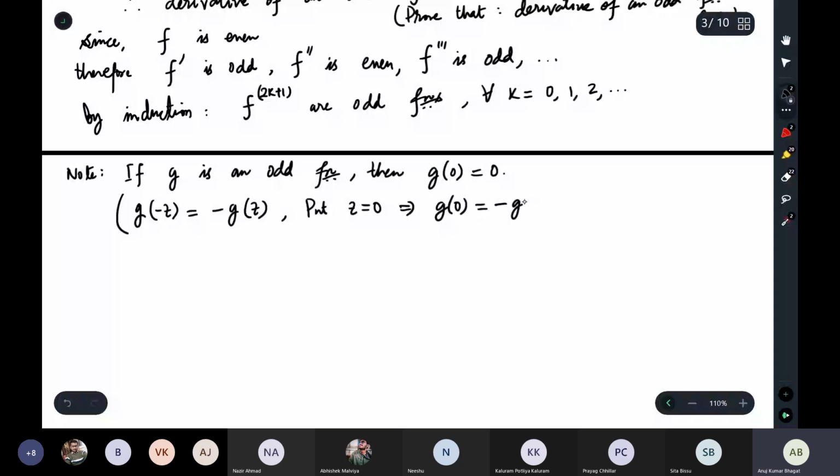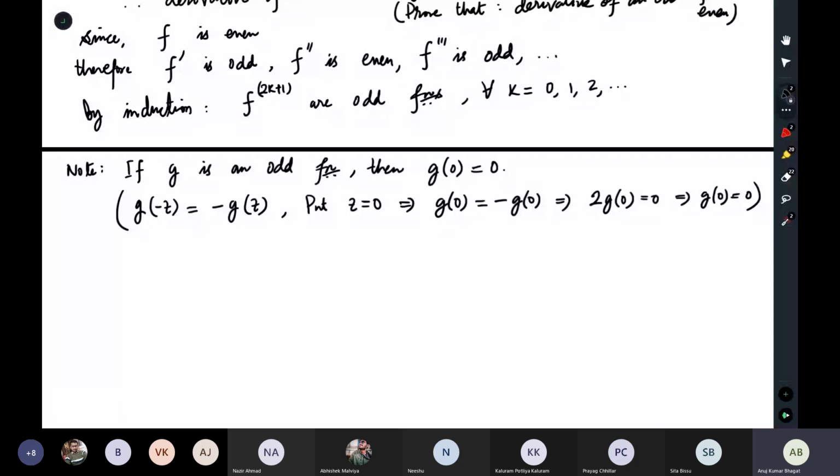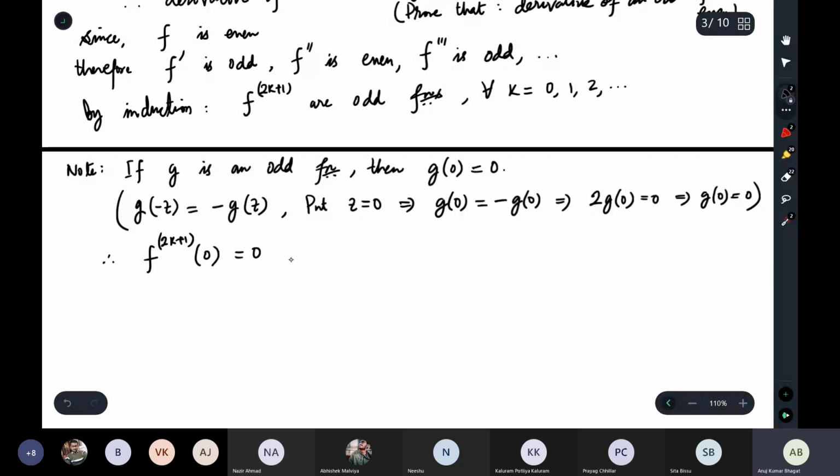So for an odd function, you have g of 0 is 0, but this is only true for an odd function, not for an even function. Keep that in mind. So whenever you have an odd function, the value of the function at 0 will be 0. So from this line, f of 2k plus 1 at 0 will be 0 for all k equal to 0, 1, 2.